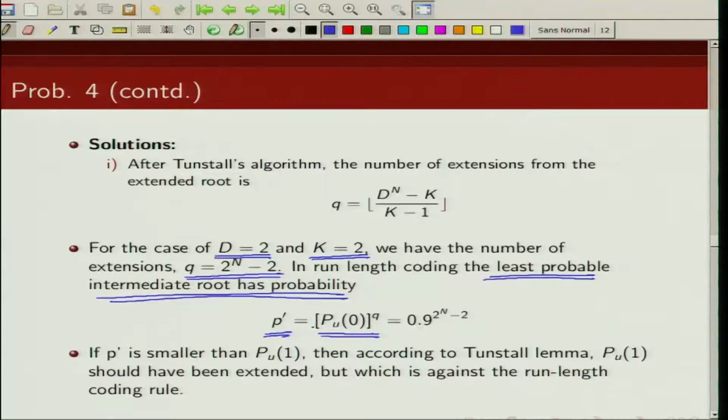So if we want to find out whether this run length coding belongs to a Tunstall message set, then every time we are having a run of 0, that particular node should be the most likely leaf. So if we are doing q extensions, the intermediate node has probability p dash, which is given by this probability, and the probability of 0 is 0.9. q we just calculated is given by this expression.